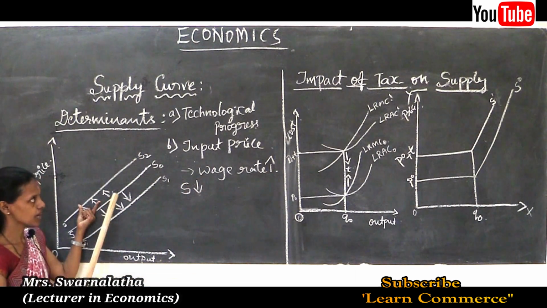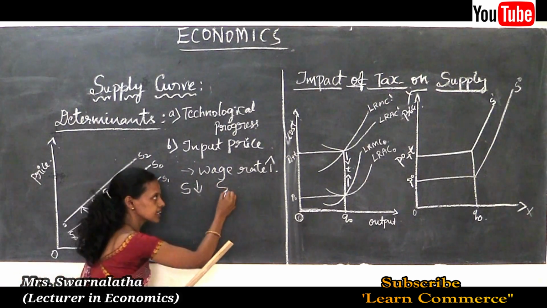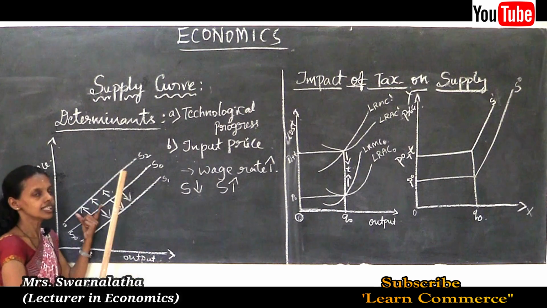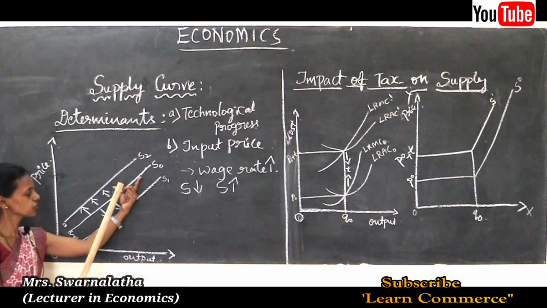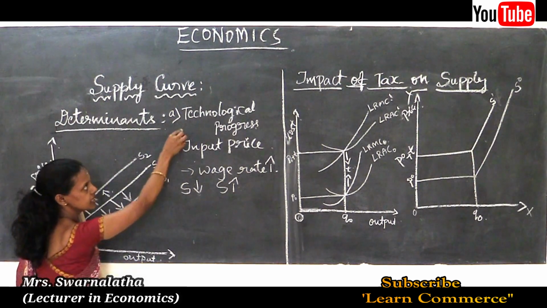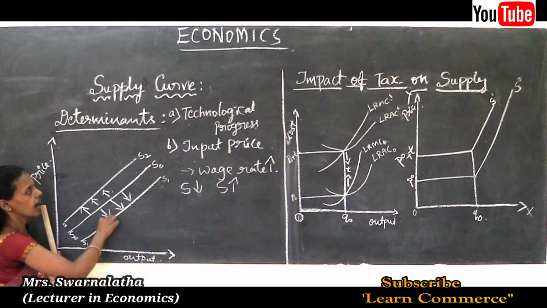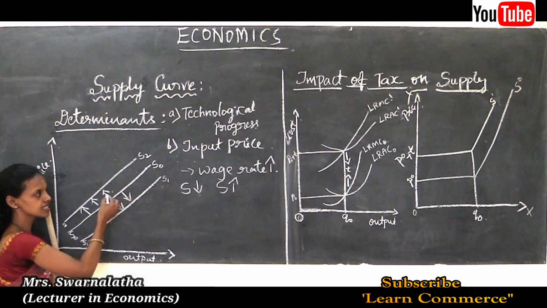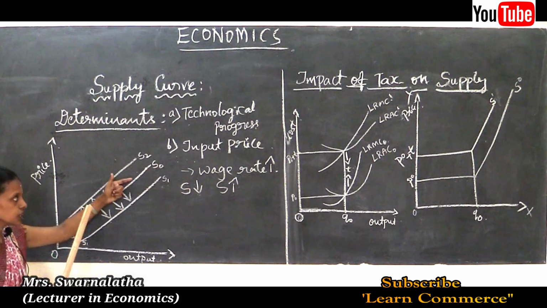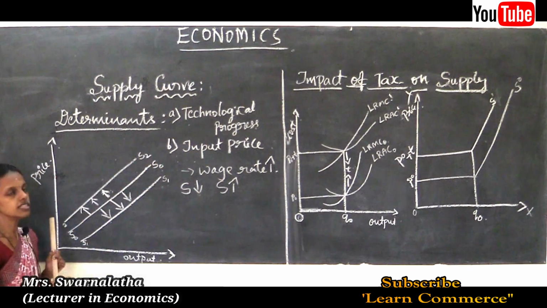Due to technological progress, supply increases. Due to input prices, supply decreases. The supply curve shifts from S0 to S1 due to the increase in supply, that is, due to technological progress, and due to the input price, the increase in the wage rate, the supply curve shifts from right to the left, that is S0 to S2.